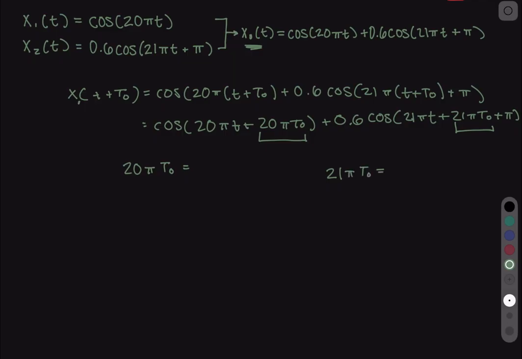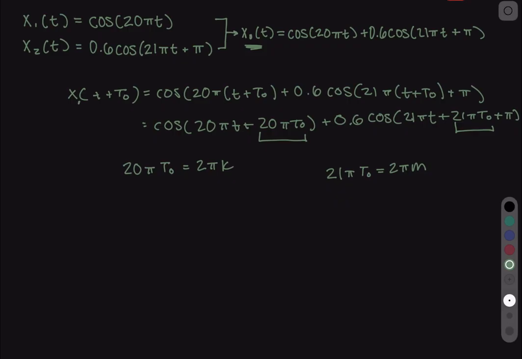And we know both of these have to be multiples of 2 pi, but they don't have to be the same multiple of 2 pi, so we're going to denote them differently. So over here, we'll have 2 pi k, and on the other side, we'll have 2 pi m.